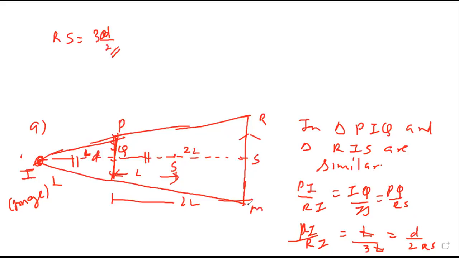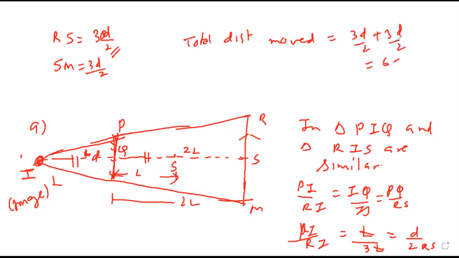Similarly, this SM will also be the same because it is just a mirror image, correct? Yes. So total distance moved will be 3D by 2 plus 3D by 2, which is 6D by 2, that is equal to 3D.